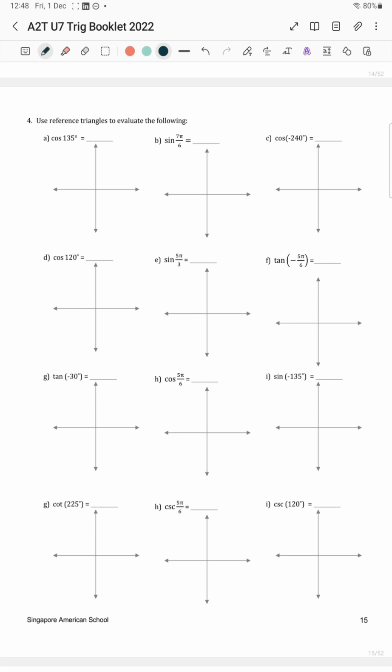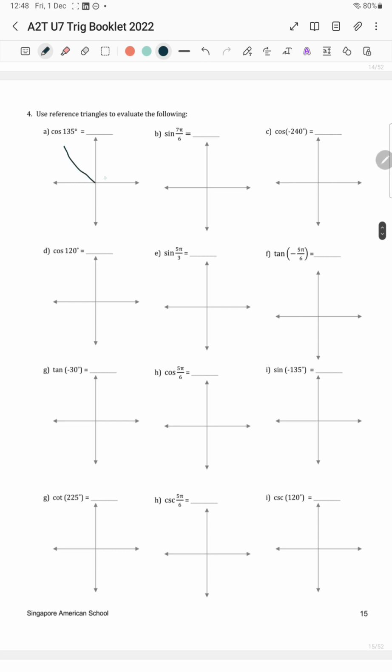Use reference triangles to evaluate the following: cos 135.